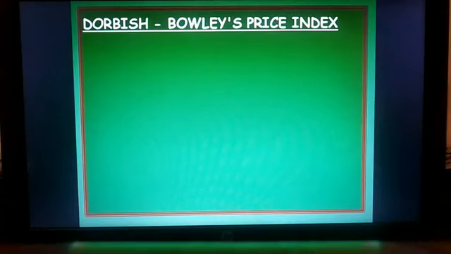Sometimes the question may be of this kind: what is the relation between Dorbish-Bowley's price index number, Laspeyres' price index number, and Paasche's price index number? At that time you should write that Dorbish-Bowley's price index number is the arithmetic mean of Laspeyres' and Paasche's price index numbers.